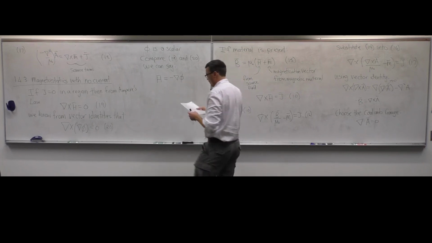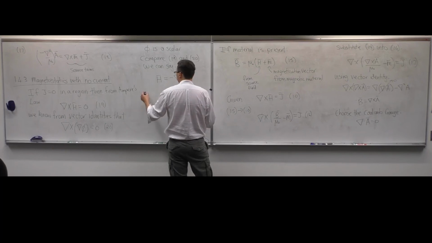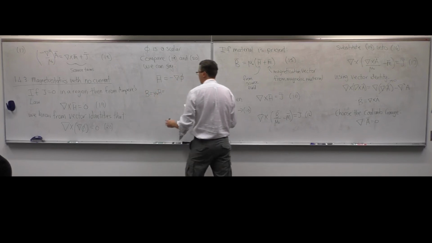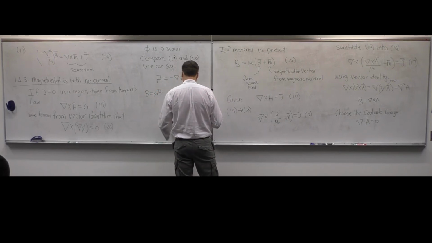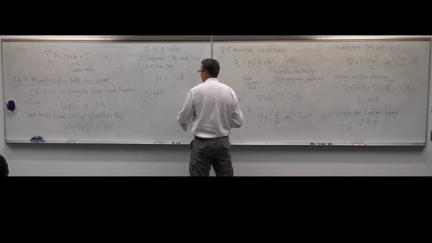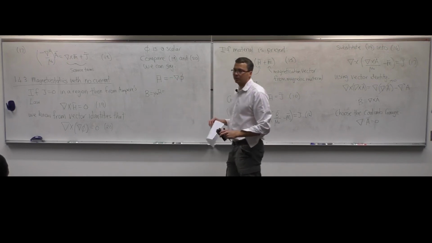So then B would be mu naught H. Oh yeah, that's right. This minus here is by convention. It then matches the electric scalar potential.